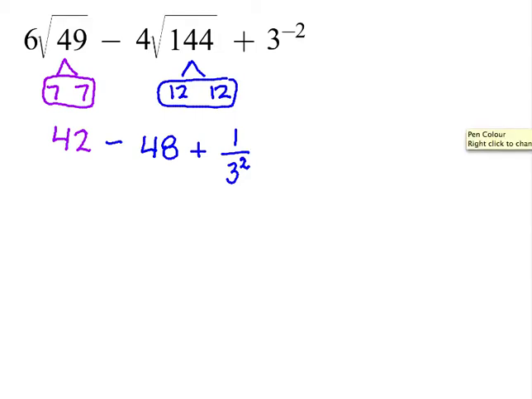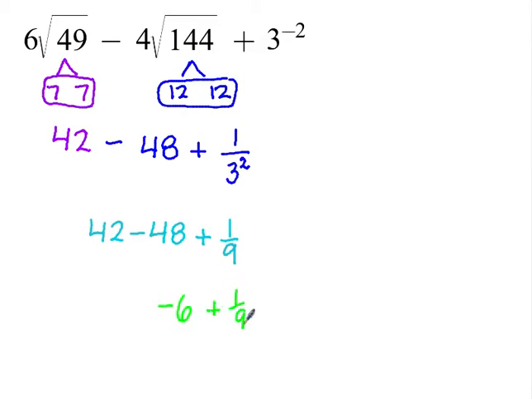So I end up having 42 minus 48 plus 1/9. So what is 42 minus 48? Negative 6. And I'm going to add 1/9 to that.